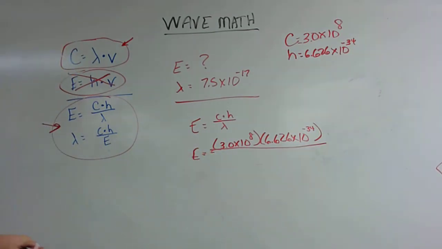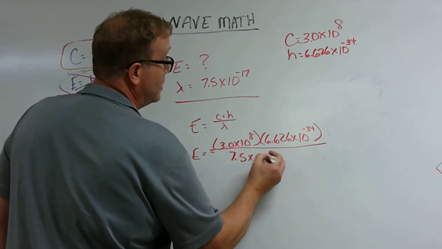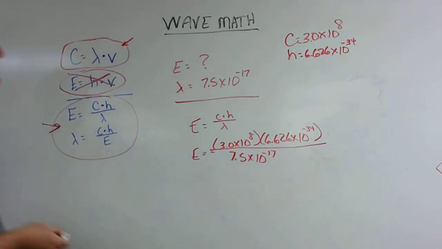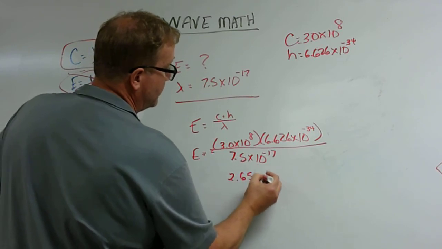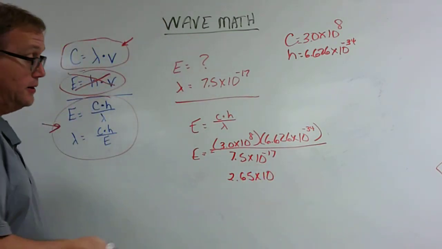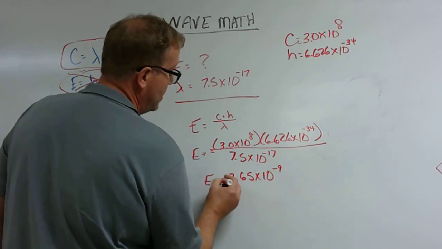And then you just put your other number down at the bottom, which is 7.5 times 10 to the negative 17. If you calculate this whole thing out, it should end up being 2.65 times 10 to the negative 9 for my energy.